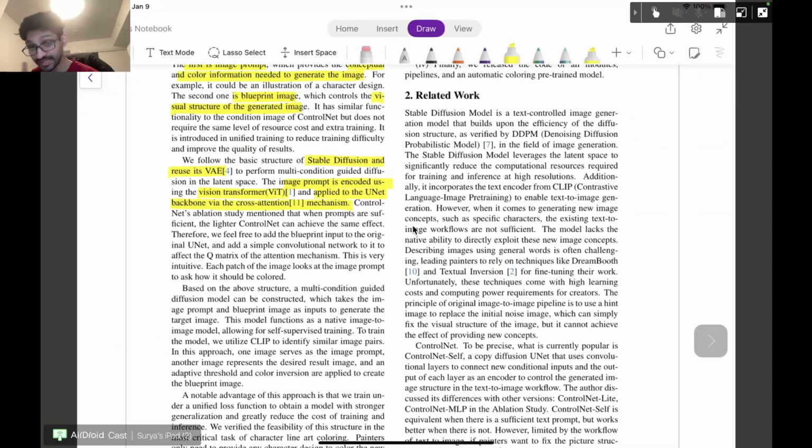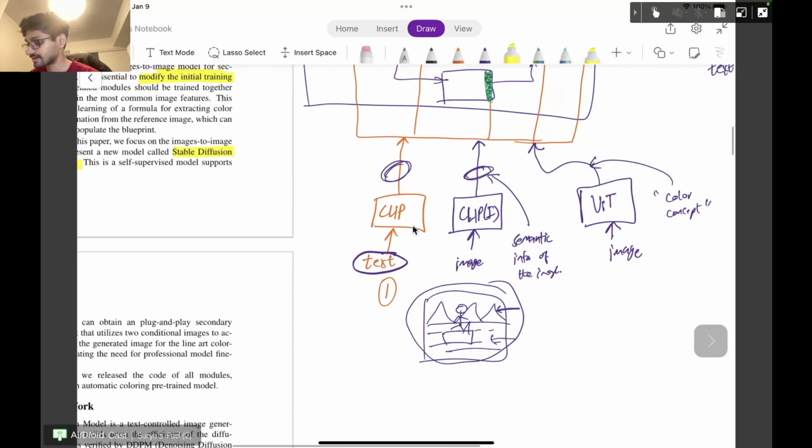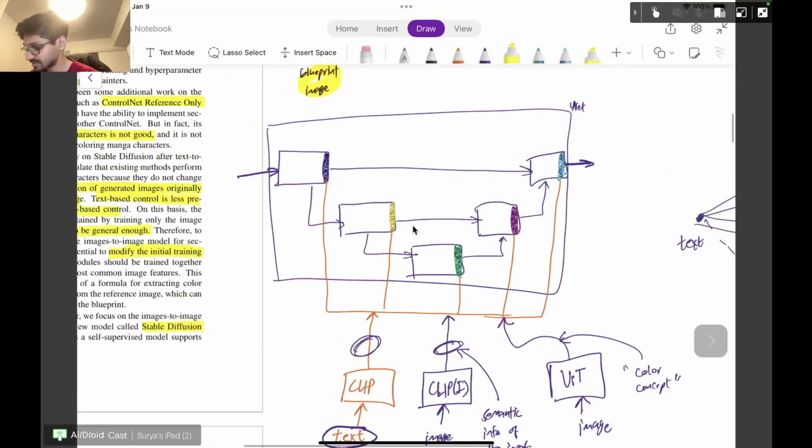And the way they handle the second input is by adding a blueprint input to the original UNet. Specifically, they add a simple convolutional network to affect the Q matrix of the cross-attention mechanism. So the idea here is that the blueprint input and the image prompt control how the generation happens through the cross-attention mechanism.